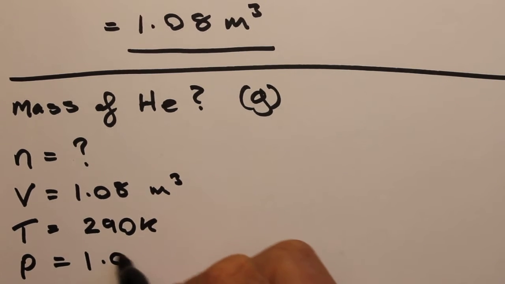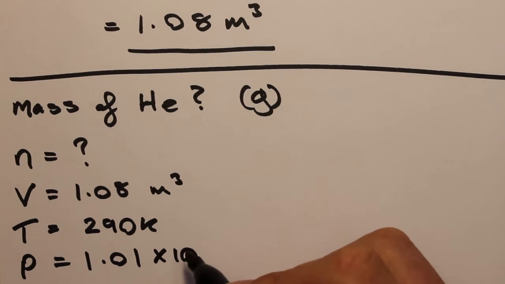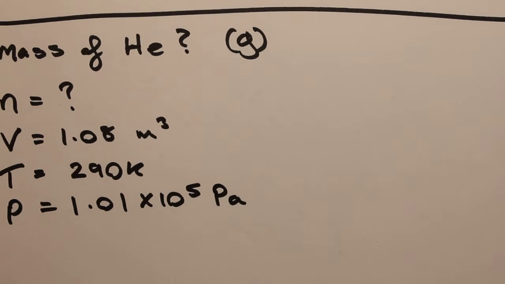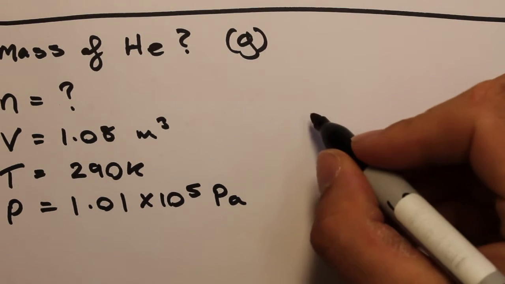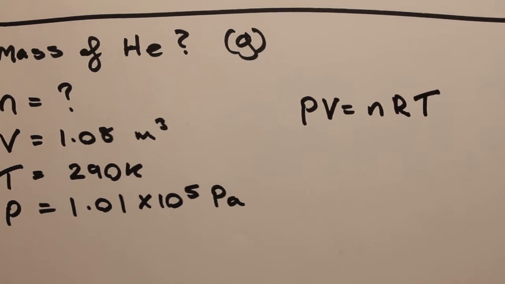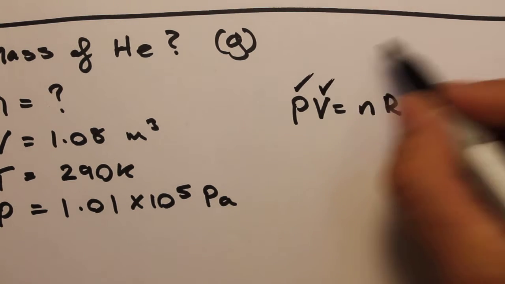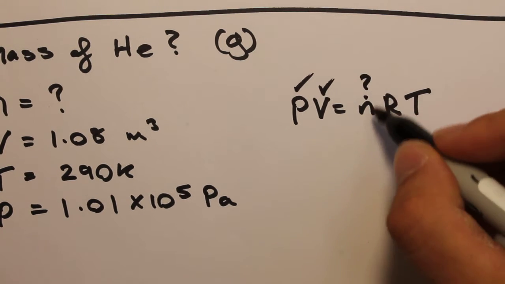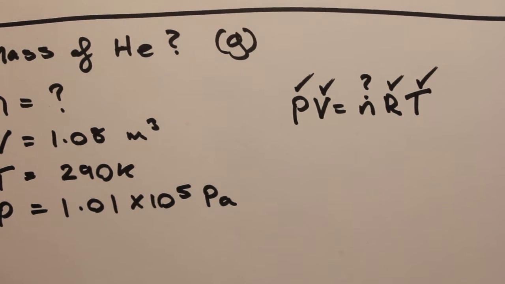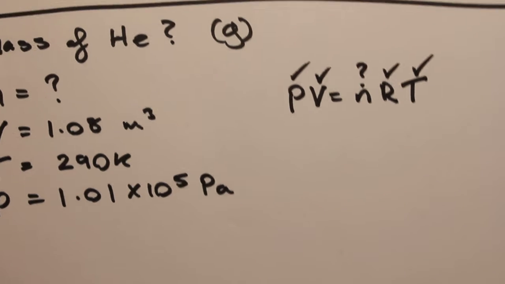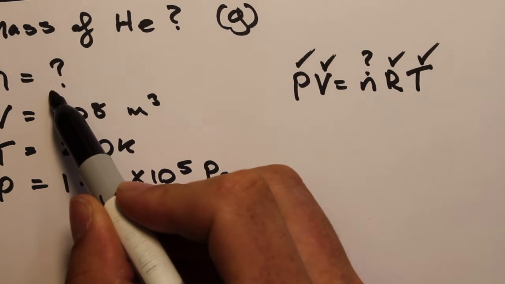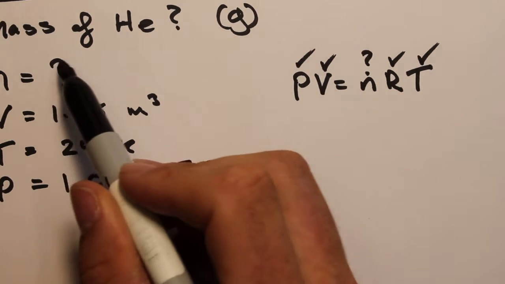Same pressure, 1.01 by 10 to the 5 pascals. And again, we're happy with our units. So we're going to be using PV is equal to nRT. We have pressure, we have volume, we don't have our number of moles, we have R, and we have T for temperature. So we're going to rearrange this equation now for the number of moles, and when we have our number of moles, we can calculate the mass of helium.